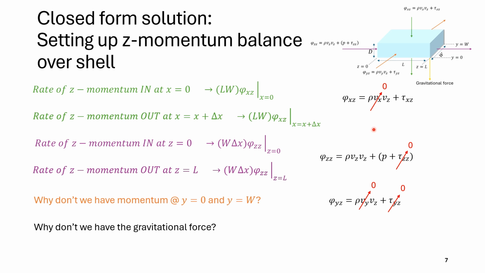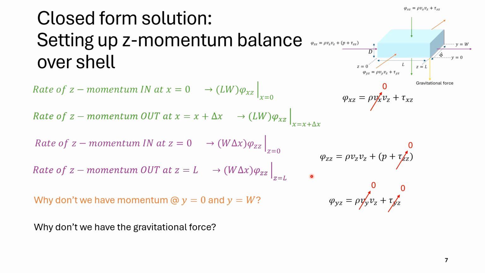Since we have postulated that we don't have velocity in the x direction, this term falls out. And also, since the velocity in z does not vary with z, this shear term also falls out.